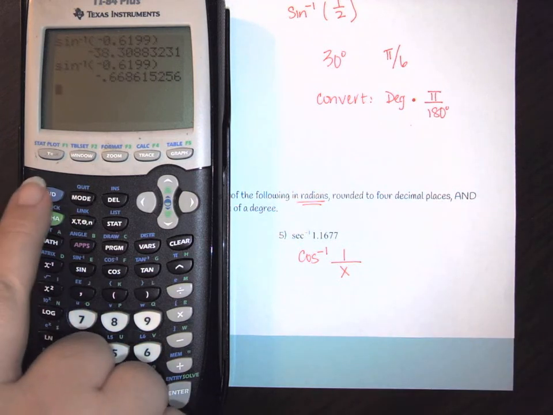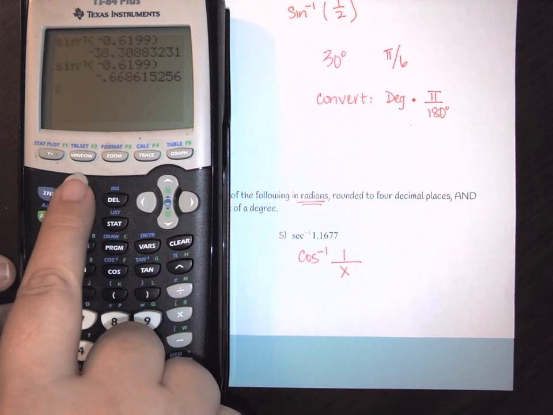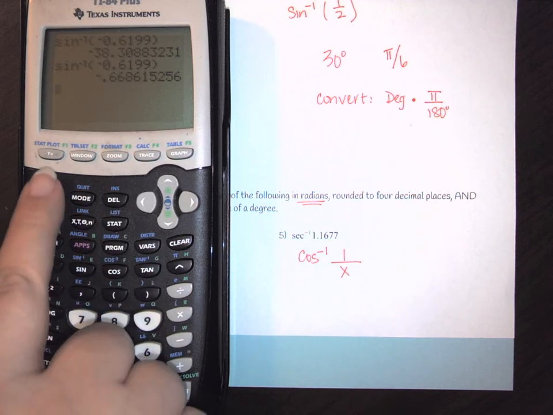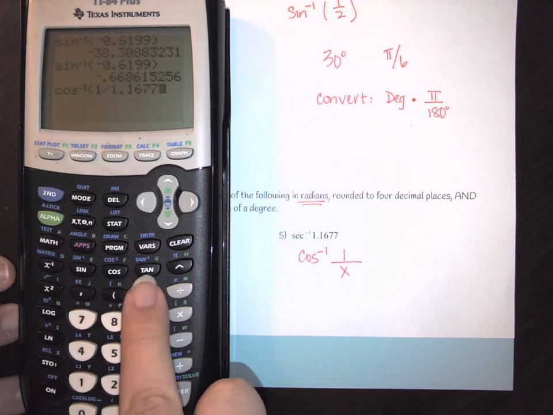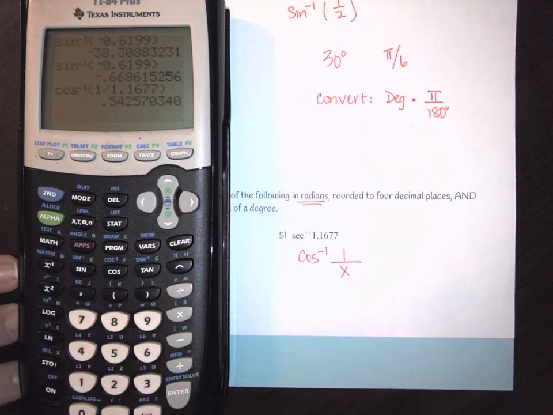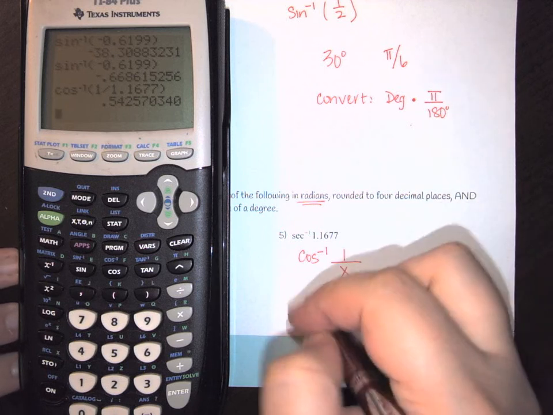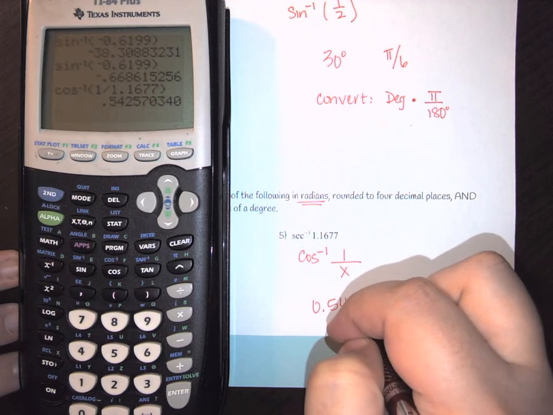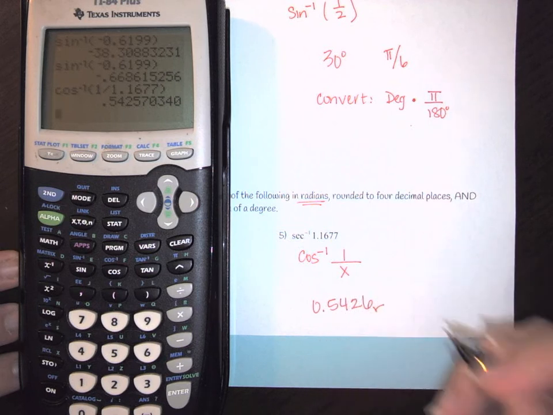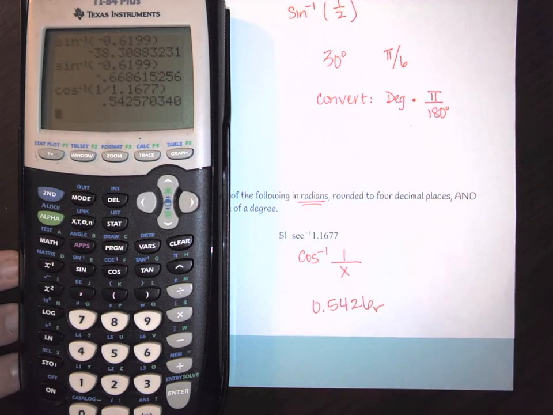So here I'm going to stay in radians, and I'm going to go inverse cosine 1 divided by 1.1677, close it, hit enter, and there is your radian measure. So this is going to be 0.5426. The little r stands for radians.